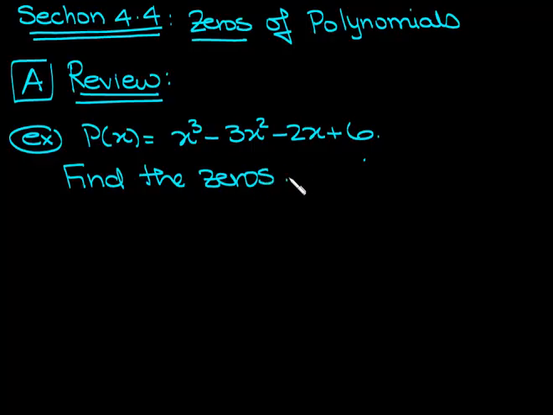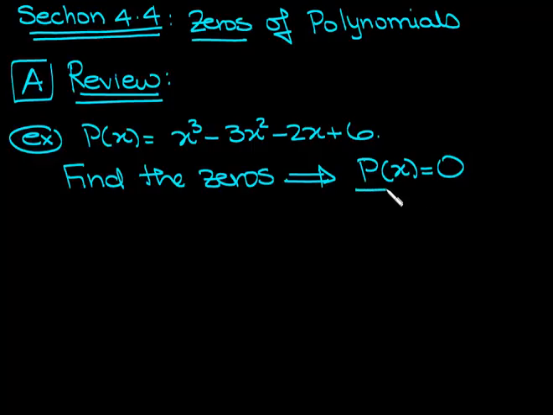Basically, what does that mean, to find the zeros? We learned earlier in section 4.2 that finding the zeros is the same thing as trying to solve this when p of x is going to be 0. Okay, so let's take a look at what all of that means before we proceed further today.